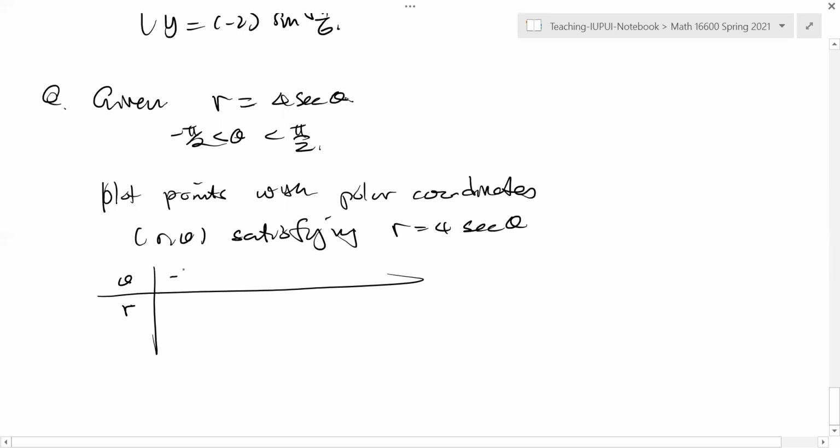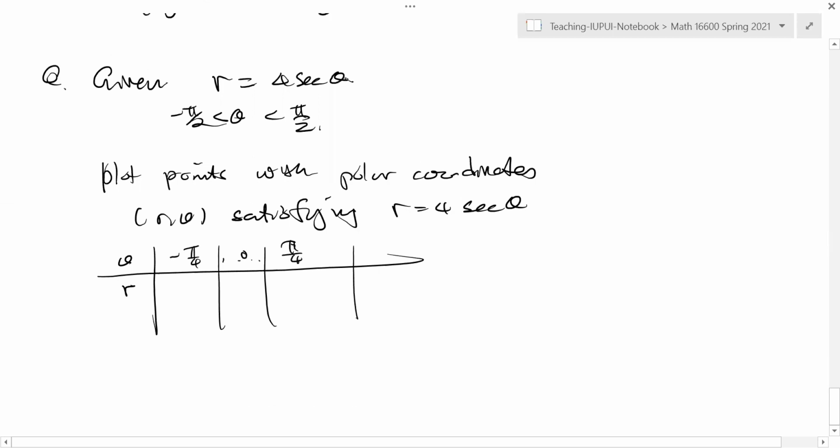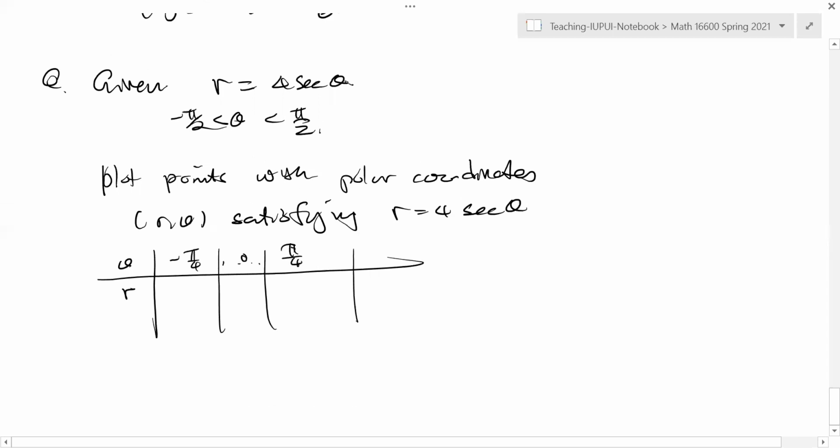Theta equals negative pi over 4, and so on. Theta is going to be 0, at least. You have to choose these values and then compute. Secant theta is 1 over cosine theta.